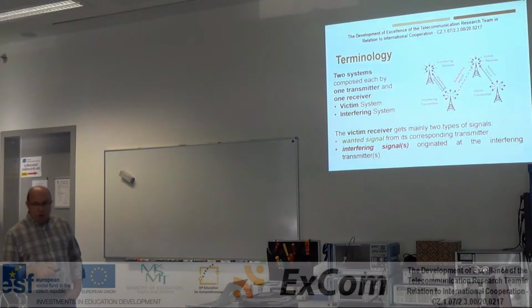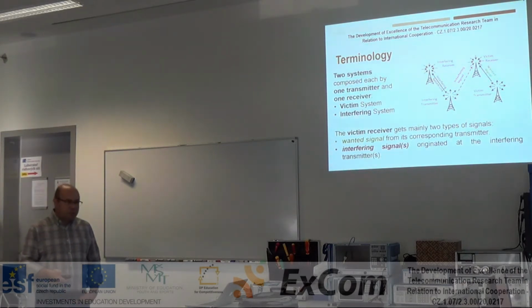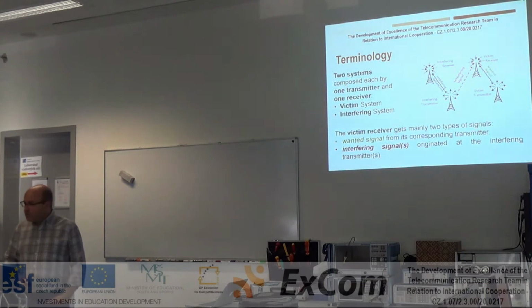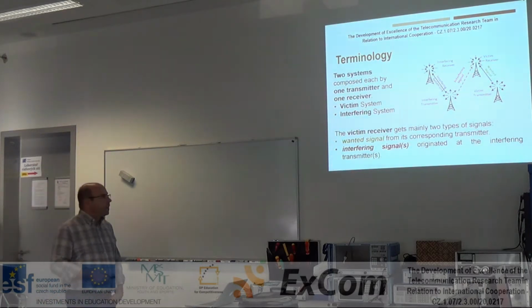One that we call the wanted signal, which is the signal that transports the information that we want to receive, and the other signal will be caused by this transmitter, and we call it the interfering signal, that will also be received here. So we will be receiving two different signals. One we want, the other we do not want.